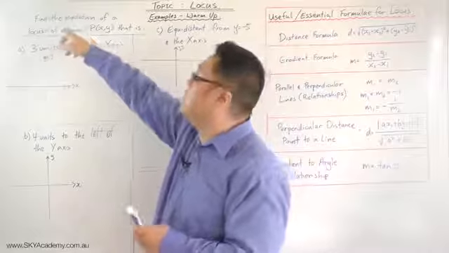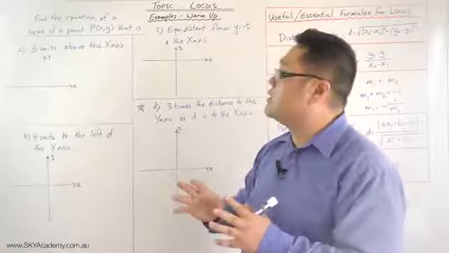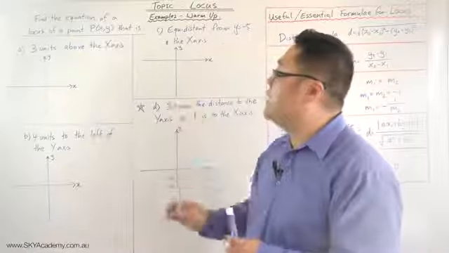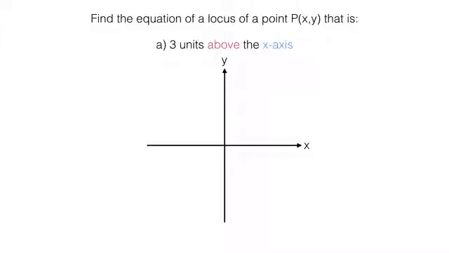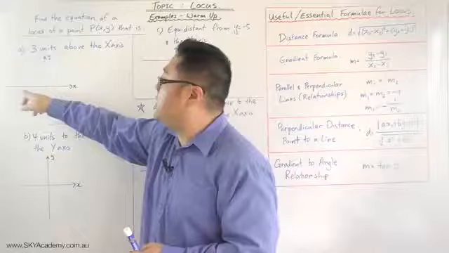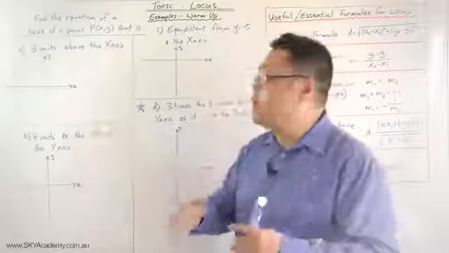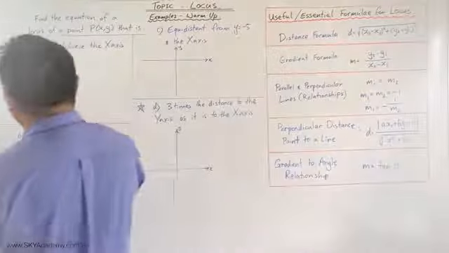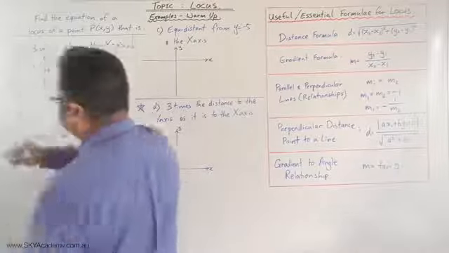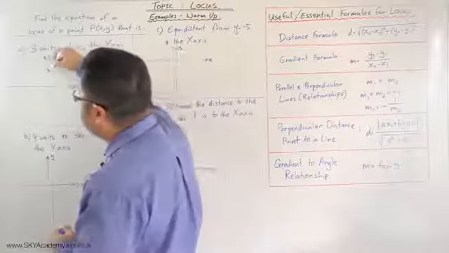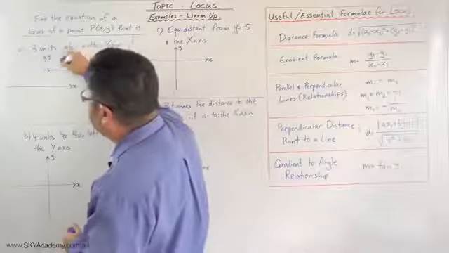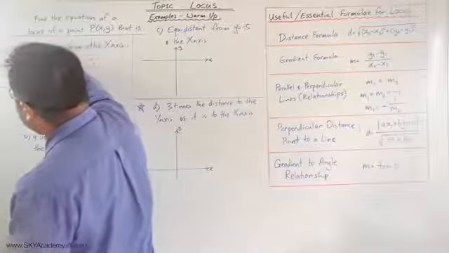Let's look at the first question. Find the equation of a locus of a point P(x, y) that is 3 units above the x-axis. So we've got the x-axis here. 3 units above the x-axis will be, say, 3, and it will be uniformly 3 units above the x-axis like this, yeah?